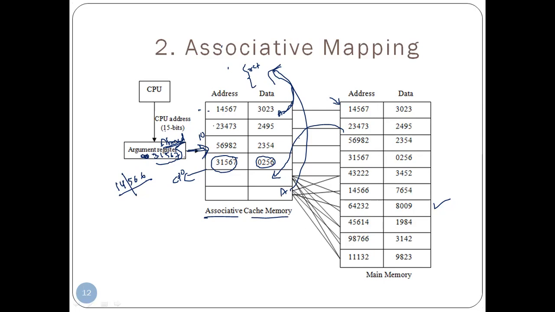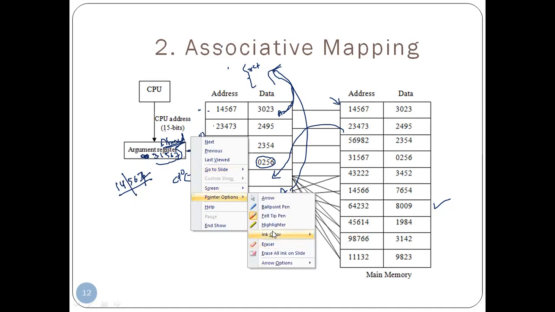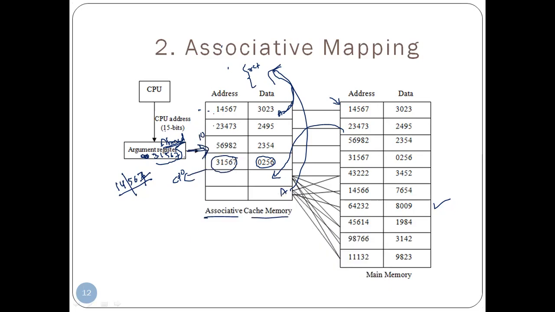Here it will be, suppose, 567. Now this 567 has to be checked in the associative cache memory. 5, 6, 7 has to be checked in the associative cache memory. Here 5, 6, 7 is there, so this data is going to be retrieved.